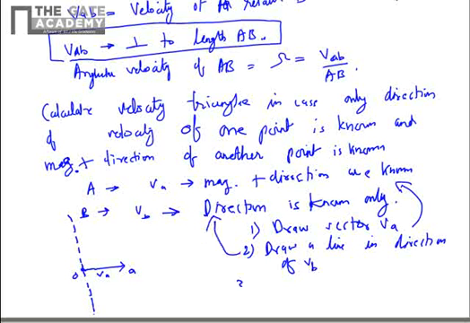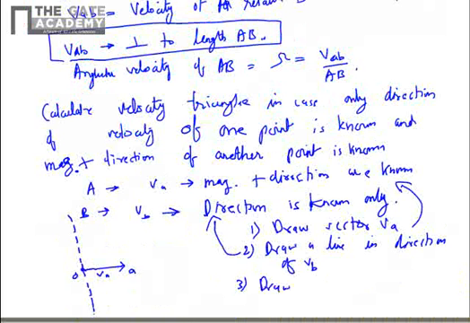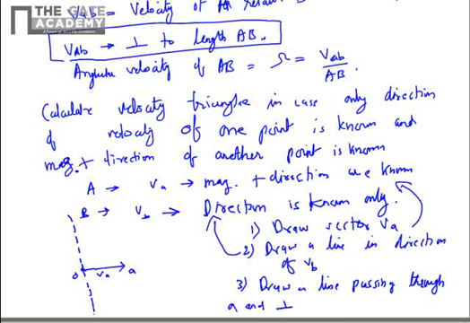And the third step is that you know that VAB, the velocity of A with respect to B, will be perpendicular to the link AB. So third step, draw a line passing through A and perpendicular to link AB.